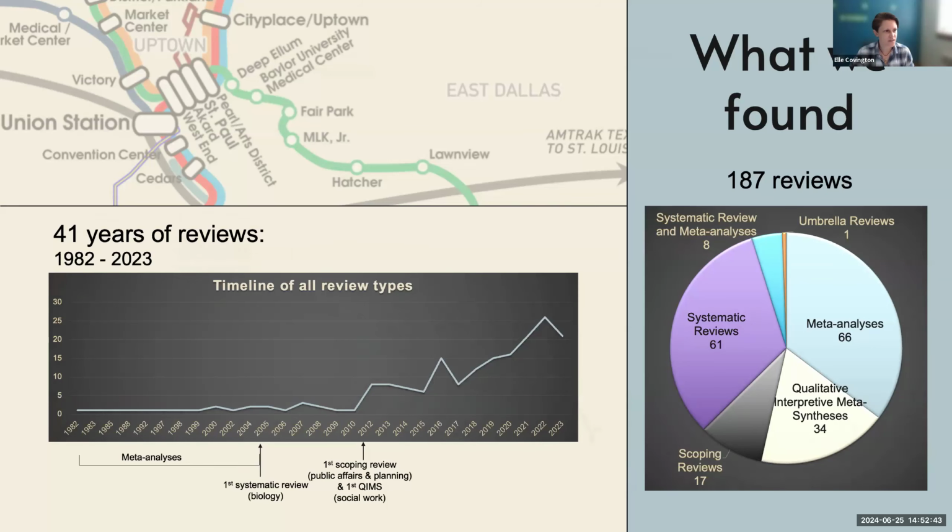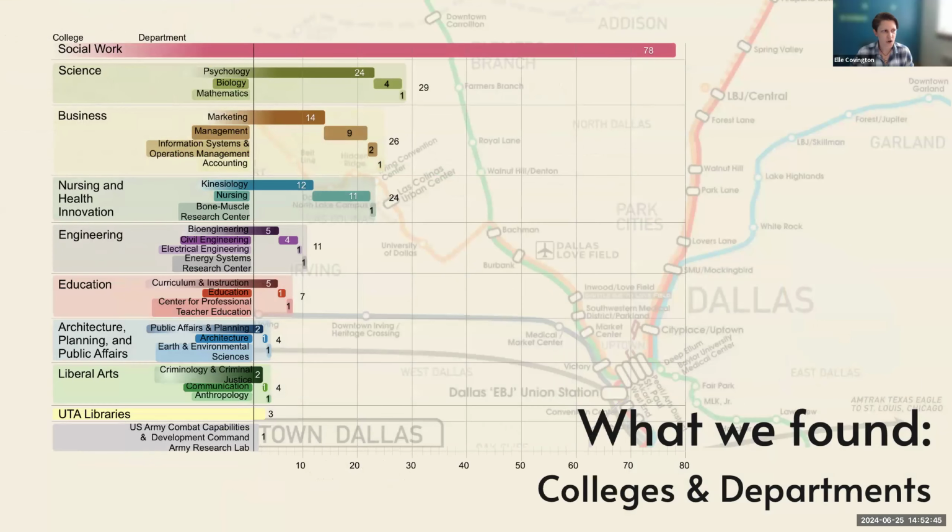Moving on, one of the main things we wanted to look at was who's doing these reviews. We knew anecdotally that a lot of things were coming out of social work. I think it surprised us all how much social work is basically dwarfing everybody else on our campus. All colleges on our campus are represented doing evidence synthesis, so everybody's doing them.